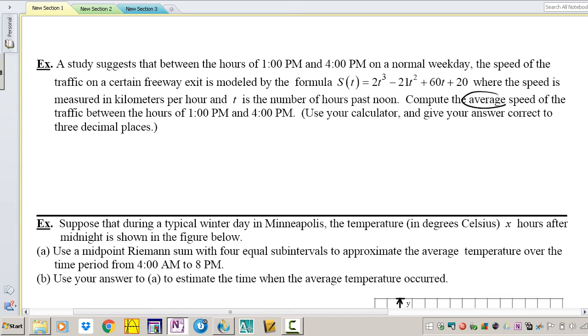Compute the average speed of the traffic between the hours of 1 p.m. and 4 p.m. Let me read that last sentence again: compute the average speed.